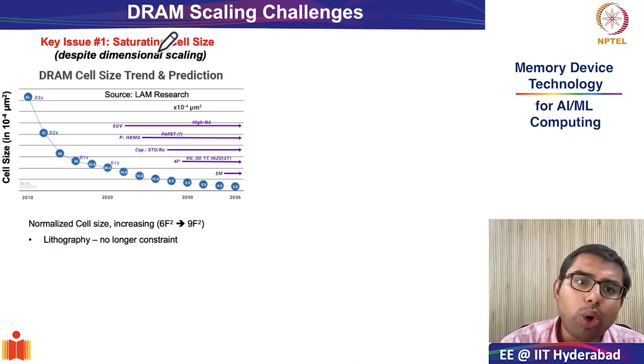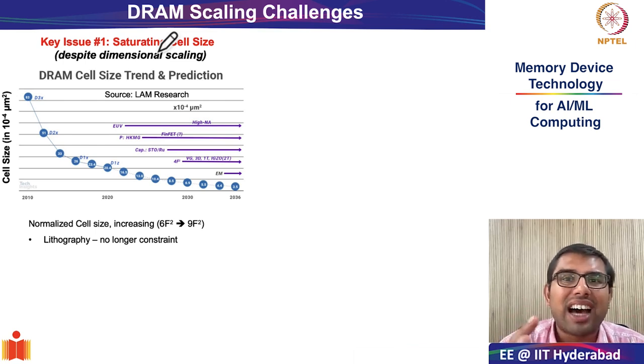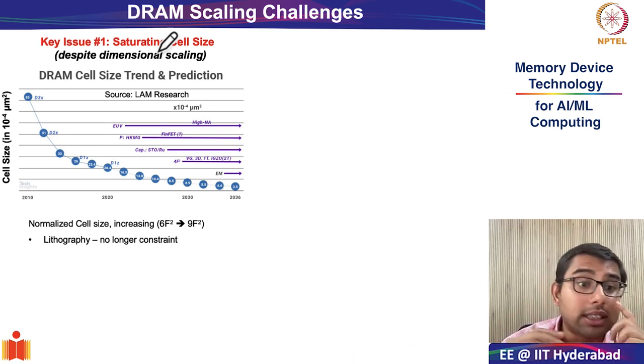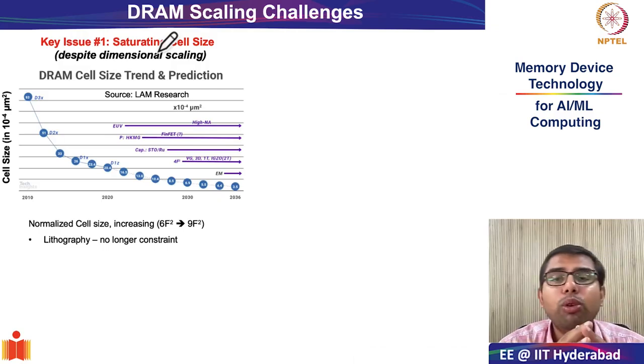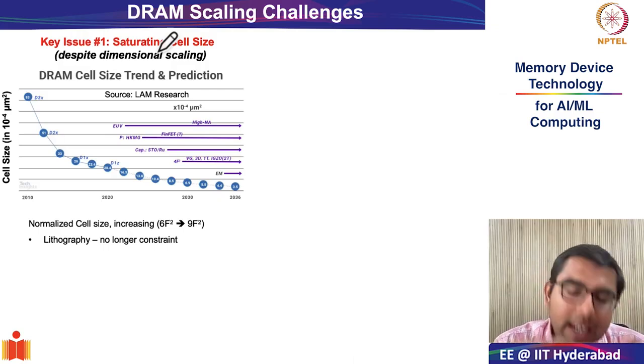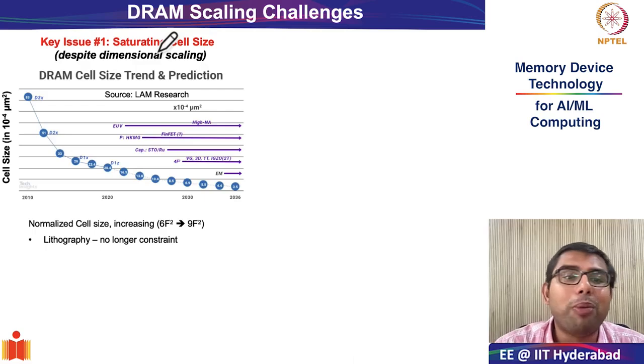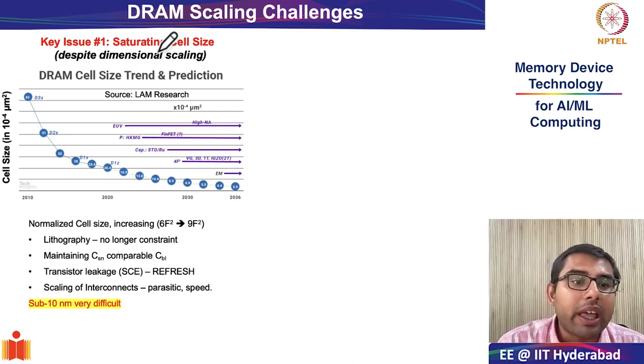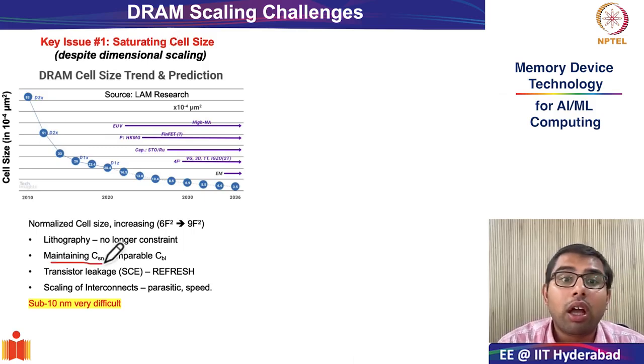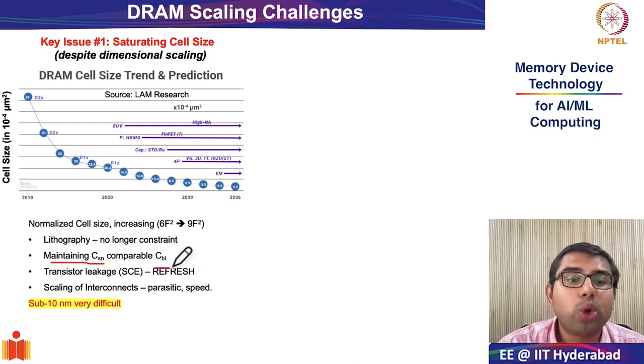So first thing to notice is that in previous generations, lithographic alignment was a very big concern. But now with deep EUV lithography, that is also a concern, but that is not the real bottleneck. So what are the real bottlenecks? The real bottleneck is first and foremost maintaining the capacitance of the storage node comparable to the bit line.